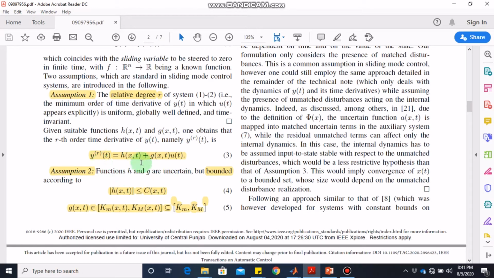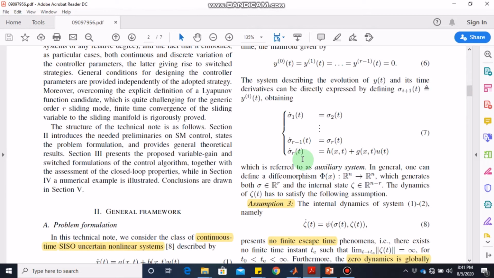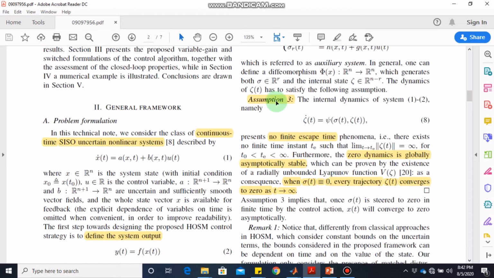Equation 3 is basically telling you that, if you compare equation 3 with equation 7, the derivative of sigma r is equal to the rth derivative of y. Then there is assumption 3, that the internal dynamics of this system must not have any finite escape time, and if you put sigma equal to 0 in these internal dynamics, then they will be called zero dynamics.